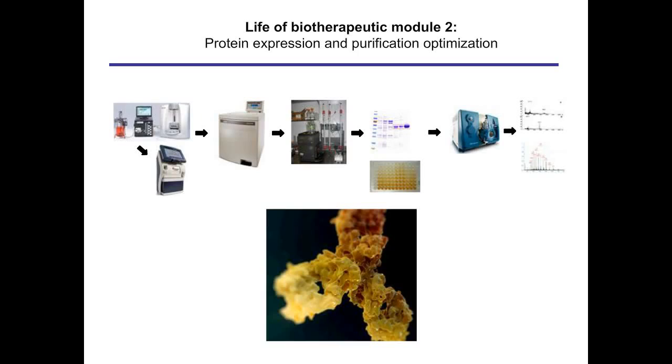So after a specific target has been identified, then typically a workflow moves forward to express either the protein targets themselves for further analysis or to make antibody-based biotherapeutics, which I show here in the yellow.